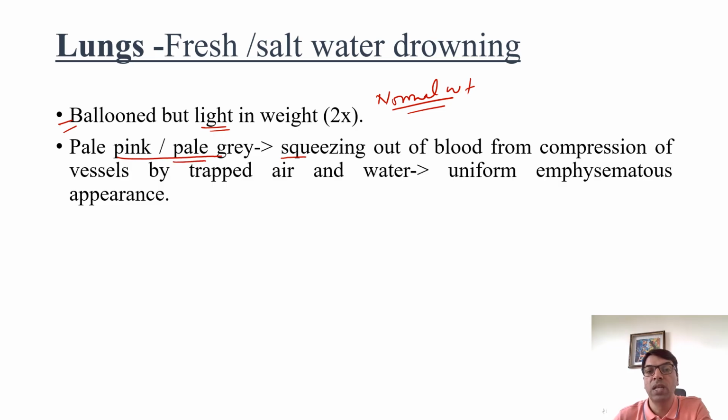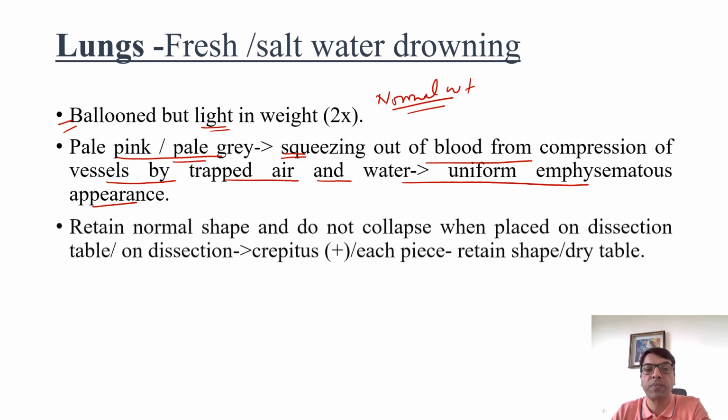On squeezing the lungs, blood oozes from compression of the vessels by trapped air, hence a uniform emphysematous appearance is there. The appearance of lung in freshwater drowning is uniform emphysematous. Any area of lung, if you compress, you will see oozing of blood and emphysematous appearance.